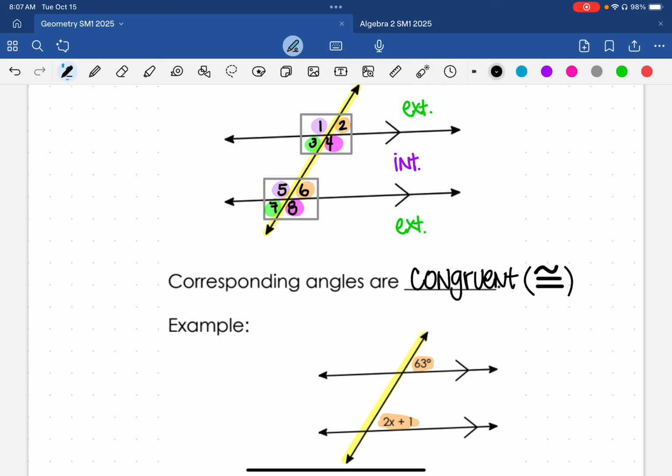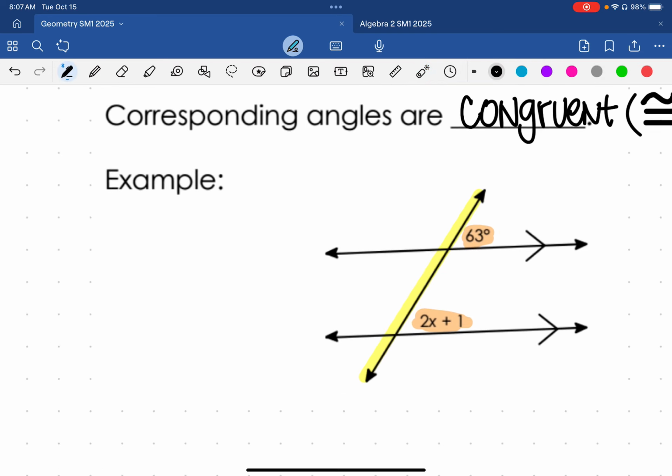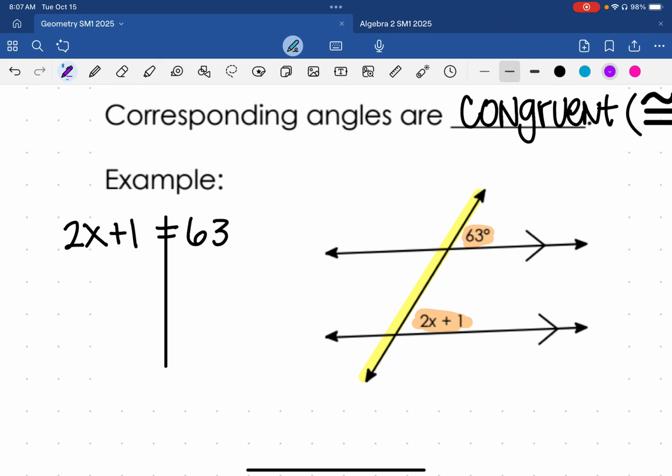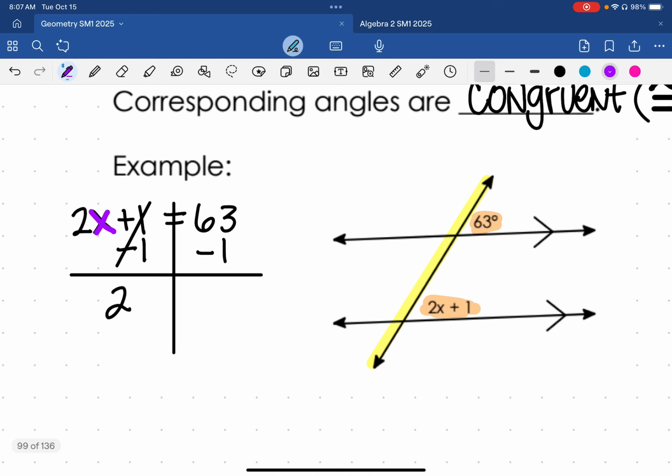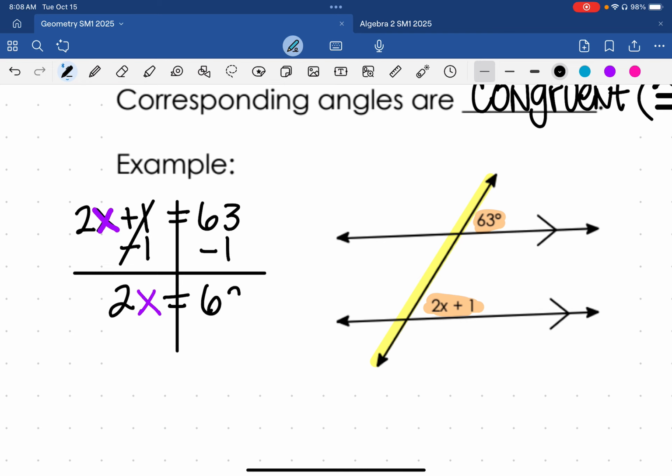All right, let's go ahead and solve for x. We're going to set these two equal to each other and solve for x. Here we go. Make sure you eliminate the addition first, and then do your division.